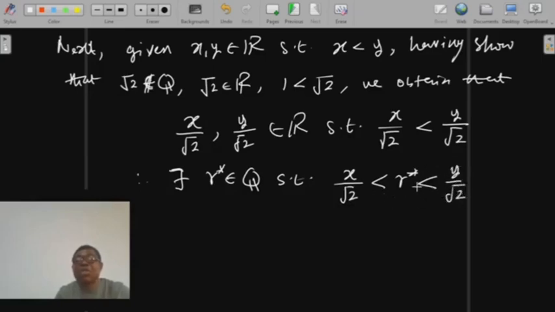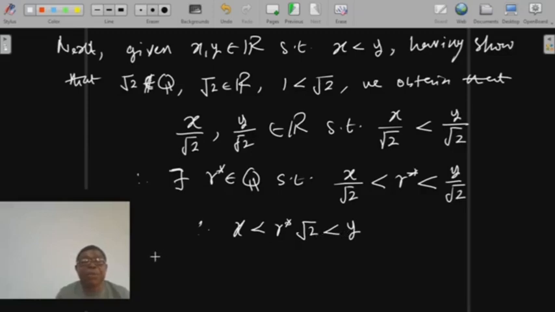That is using the fact that we've shown that the set of rationals is dense in R, that is, between any two real numbers, there's a rational between them. And what this means is therefore that x is less than R star root 2, which is less than y.